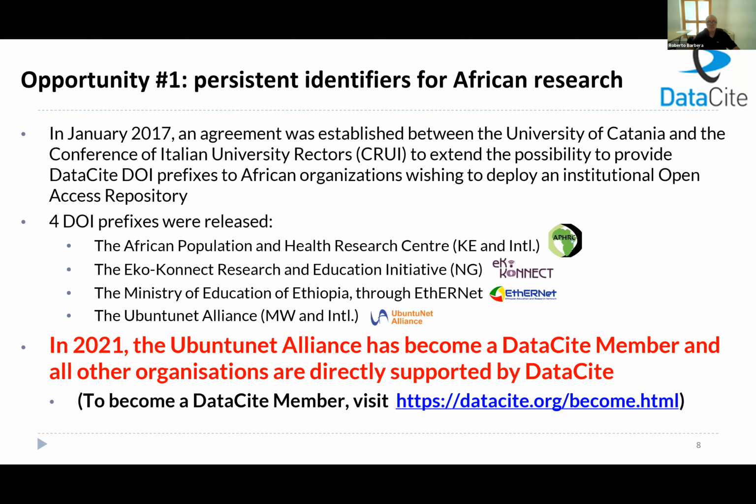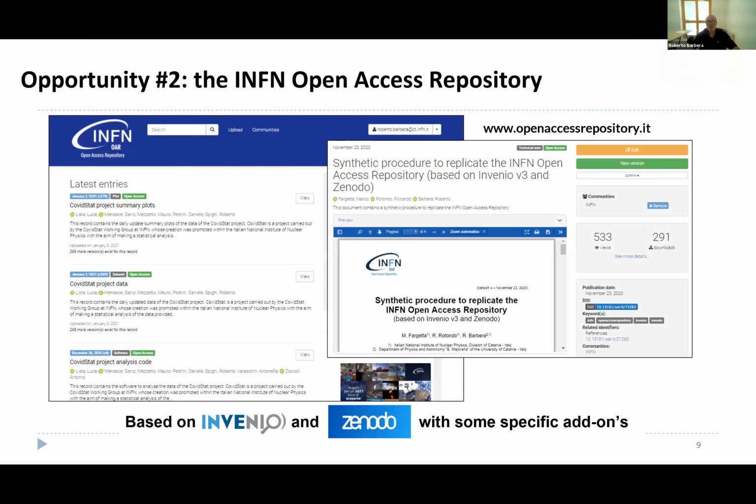Another opportunity was the fact that 3 years ago, we took the Zenodo code and the Invenio version 3 code, and we modified it in a way that the repository was more easily installable and deployable outside CERN.